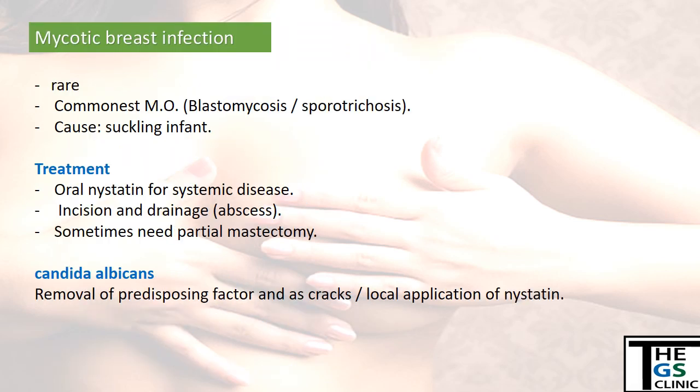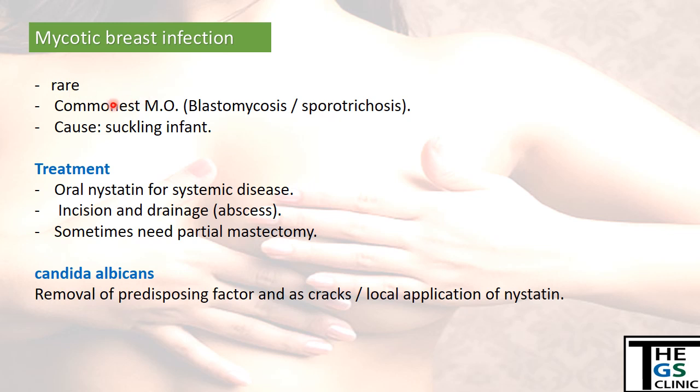So in these conditions, we have another cause for breast infection, which is caused by a mycotic skin infection, or fungal infection. This is rare, and usually it happens only in the immune compromised patient. And you know that pregnancy is a cause of immune compromise, a cause of decrease in the immunity of females.